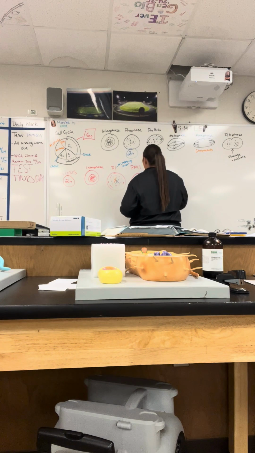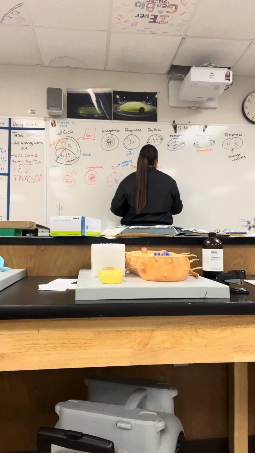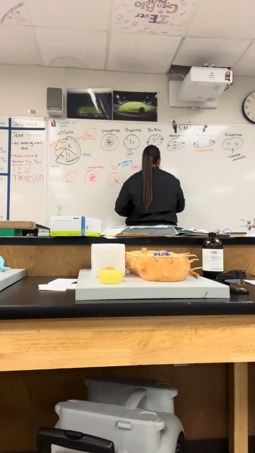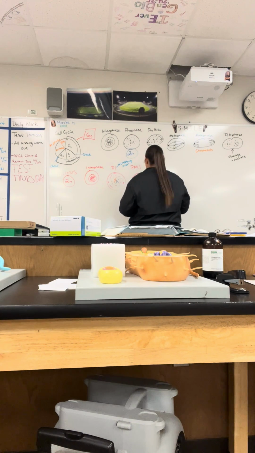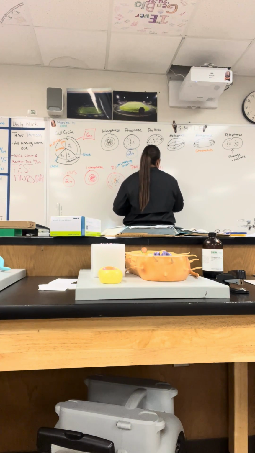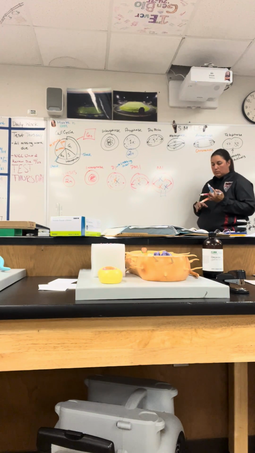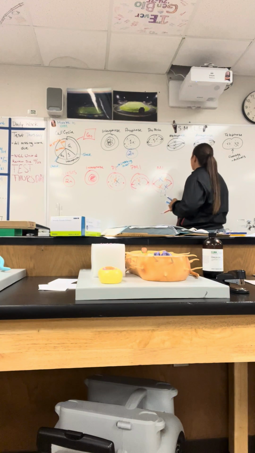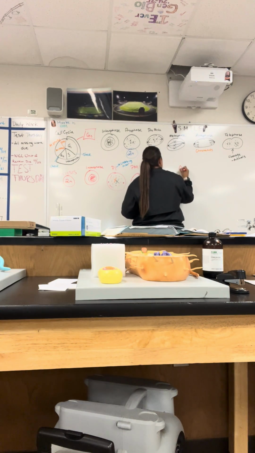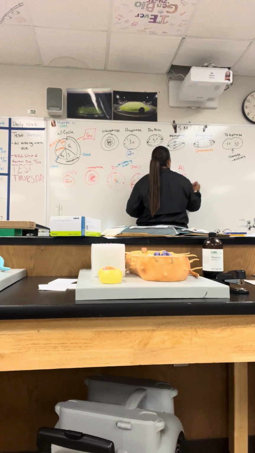In metaphase 1, you are going to notice that the chromosomes are in pairs in the middle. Okay, so these are still homologous chromosomes. These homologous chromosomes don't actually separate until anaphase 1.